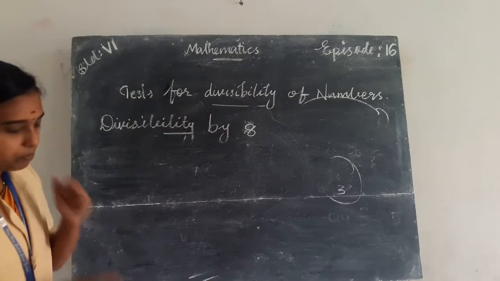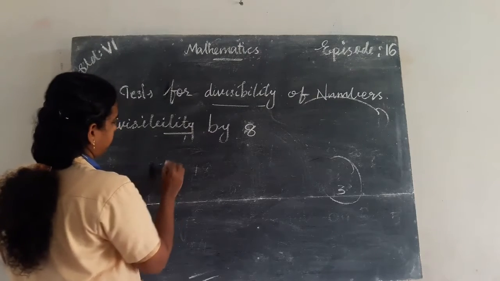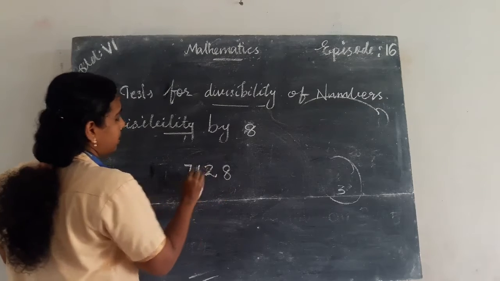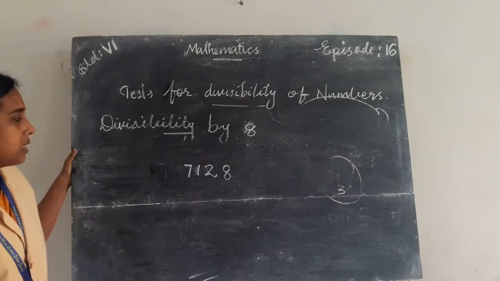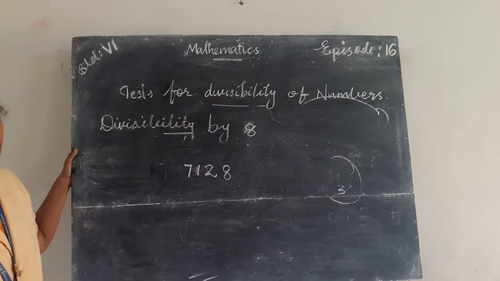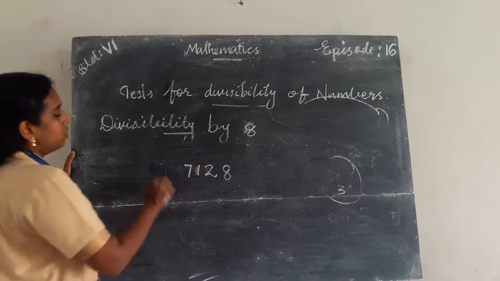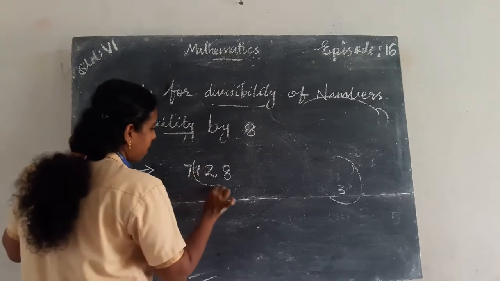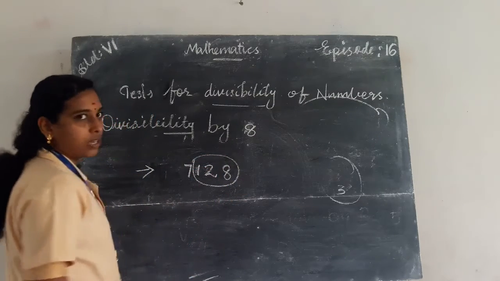For example, 7,128. To check if it is divisible by 8 or not, we take the last 3 digits, that is 128.